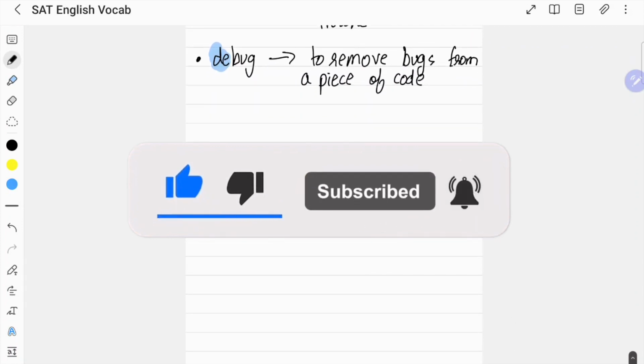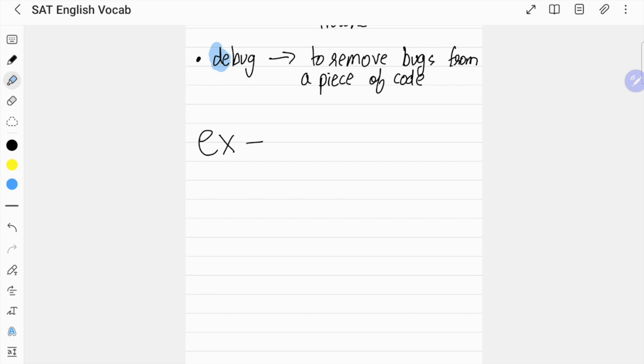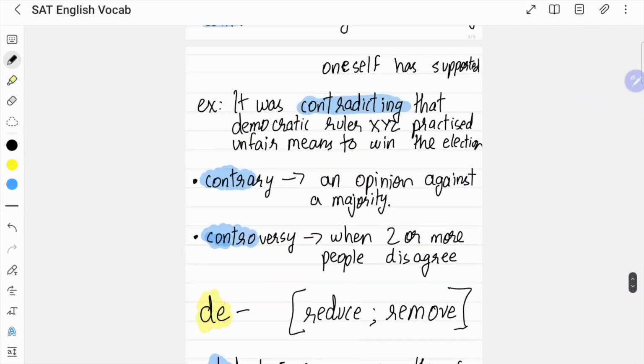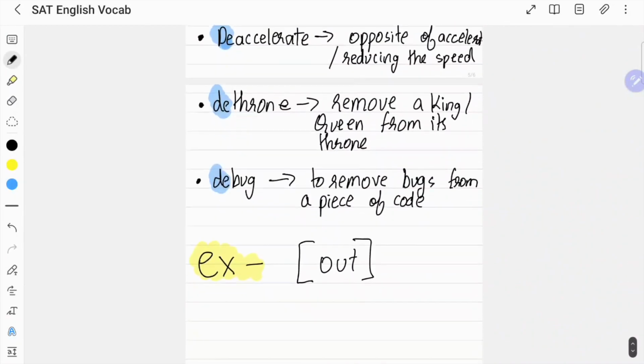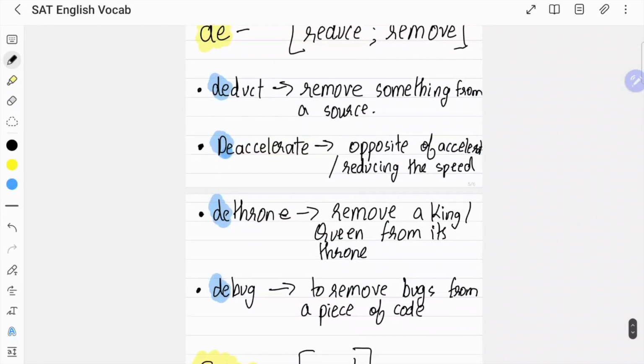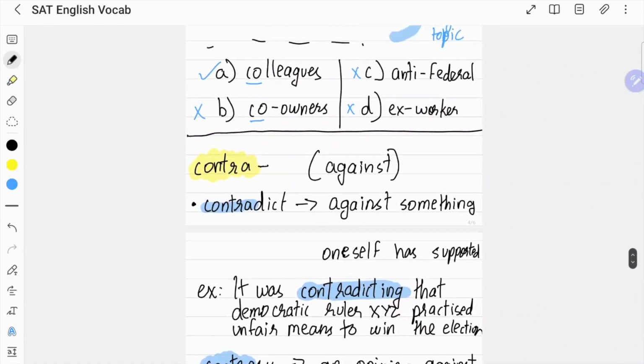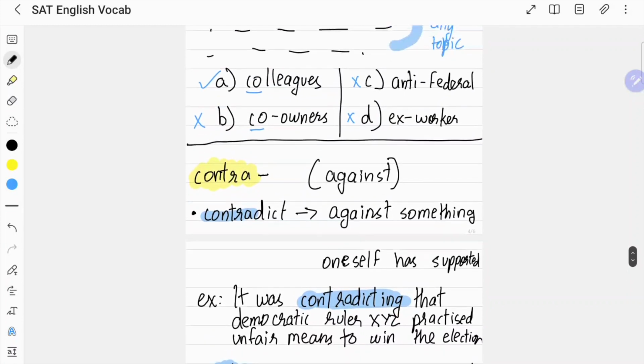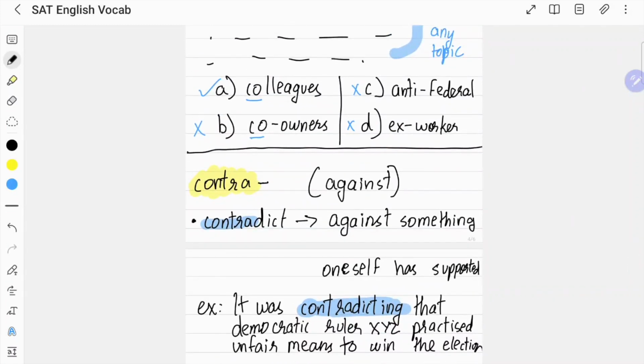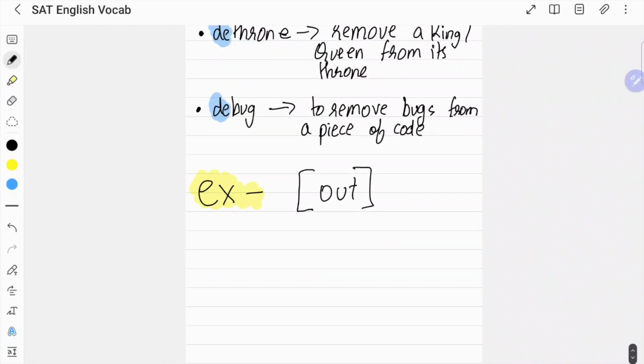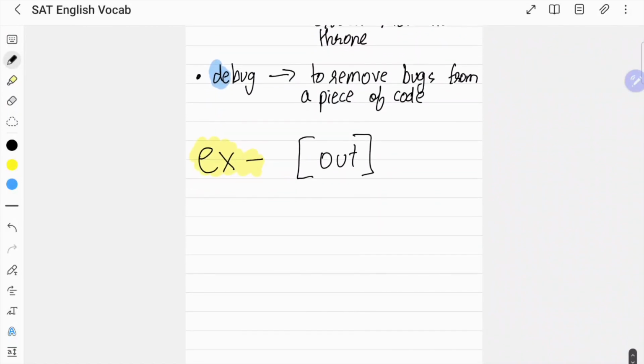Alright. So the next word we can use is X, which normally means out. Here I did use X for a different reason, like X worker, but it can mean different things. Like X worker would be someone who left a country, X worker could be someone who quit his job and went outside his place of work. So here we can take, for example, exhale. Here X will be here.